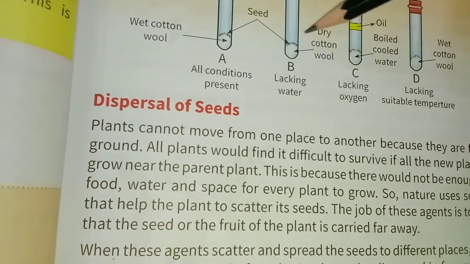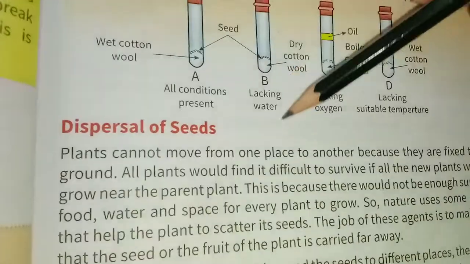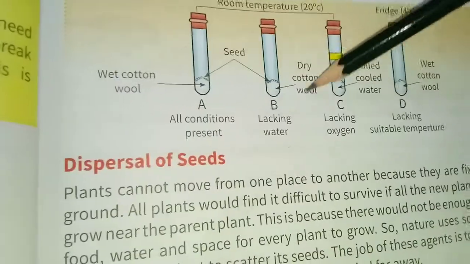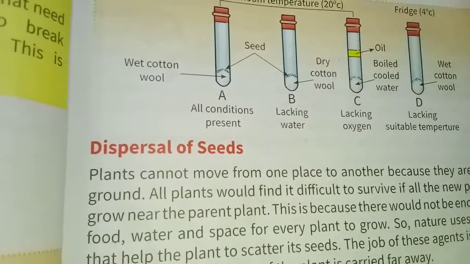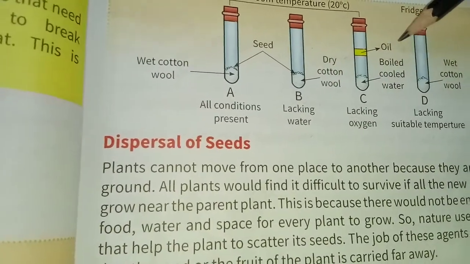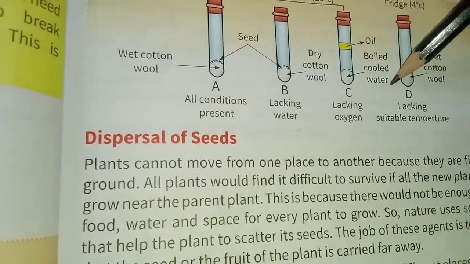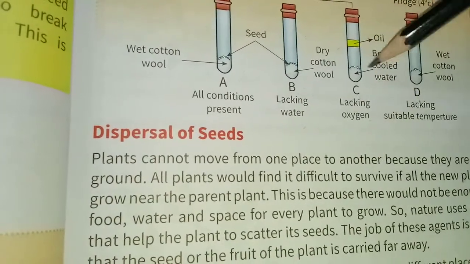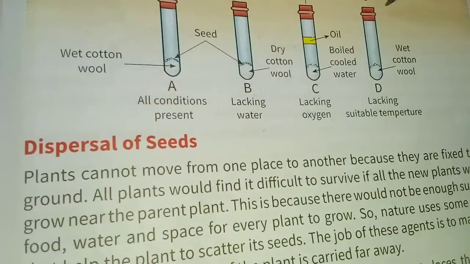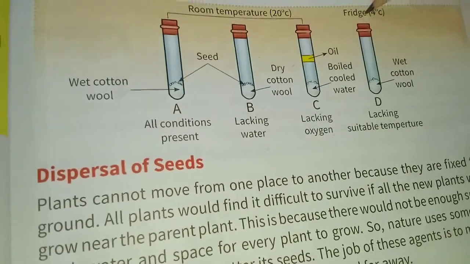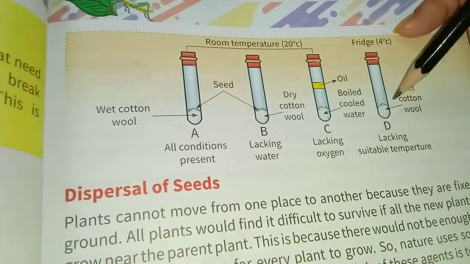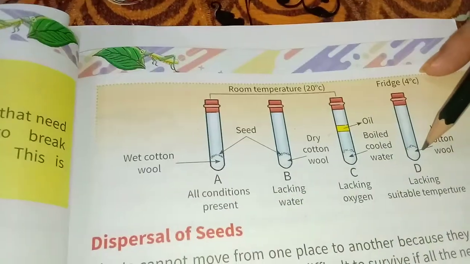And for B, no water is there, so the cotton wool is dry and no germination takes place. And in case of C, oil over boiled, cooled water, lacking oxygen, so no germination takes place. Here in the fridge, wet cotton wool, lacking suitable temperature, but some seeds germinate.